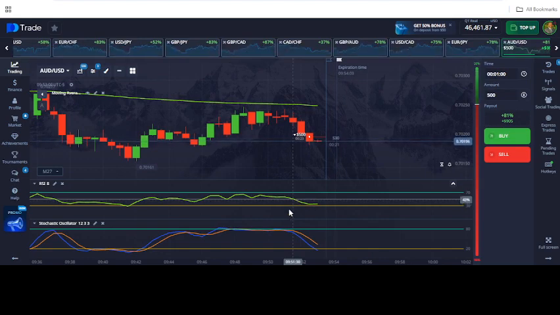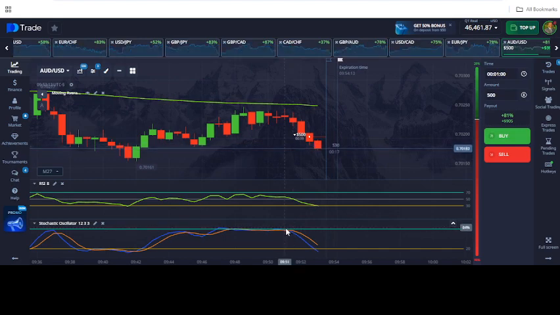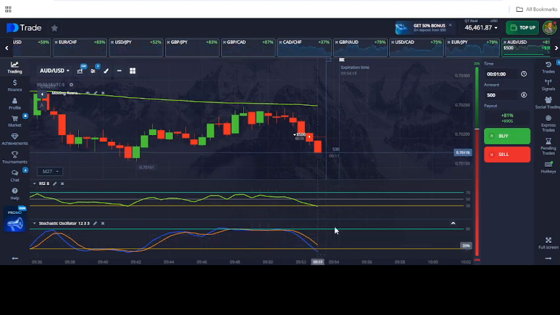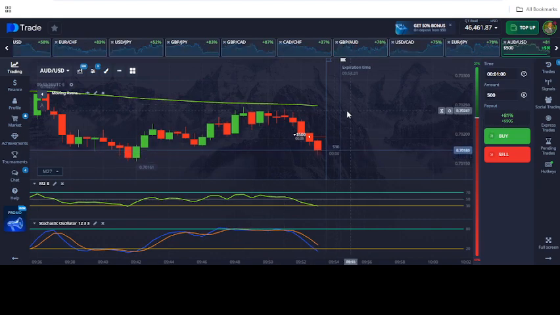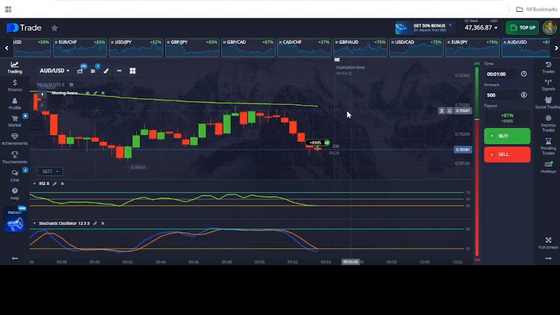And then third, the blue K period line crosses the orange D period line in a downward direction here. So all three confirmations were met. Let's monitor this trade and wait for the expiration at the end of 60 seconds. Okay, so we won that trade.